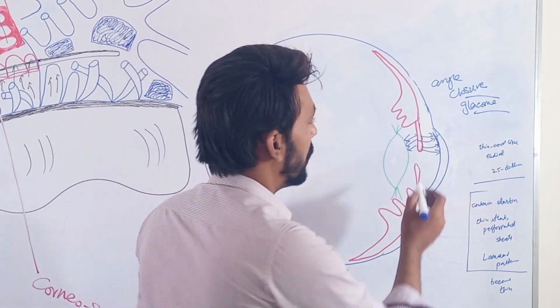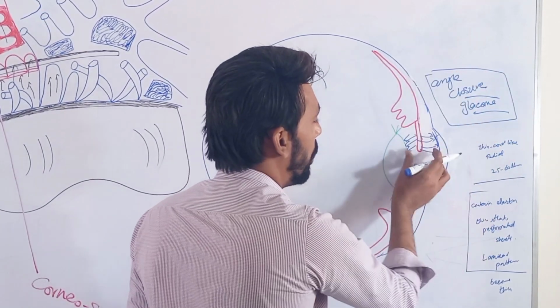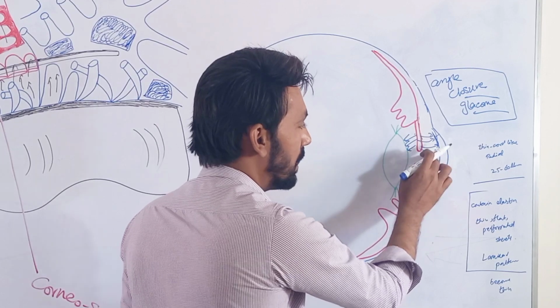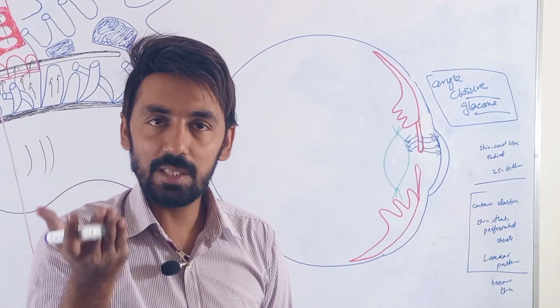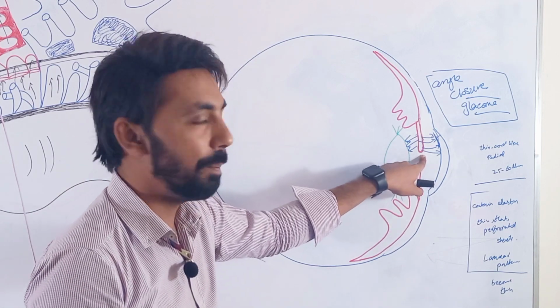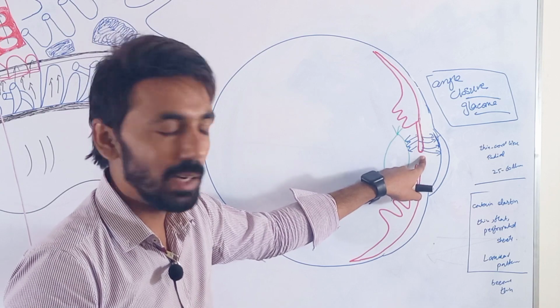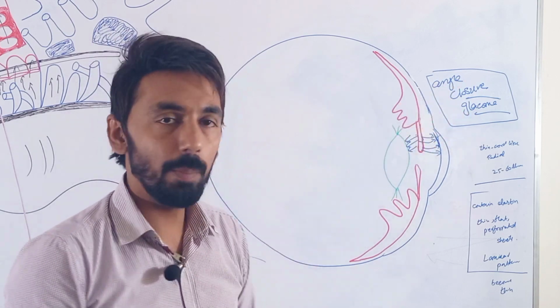So in both conditions, the angle is closed. So this is called angle closure glaucoma. Due to the closure of these angles, the intraocular pressure of the eyeball will rise. So due to the elevation of the intraocular pressure, the patient would be suspected of angle closure glaucoma, right? And what is open angle glaucoma?